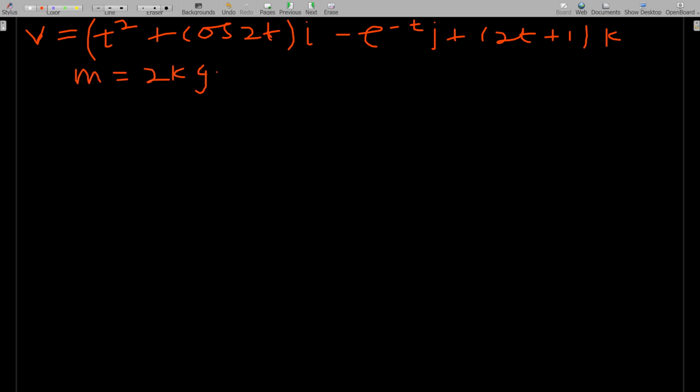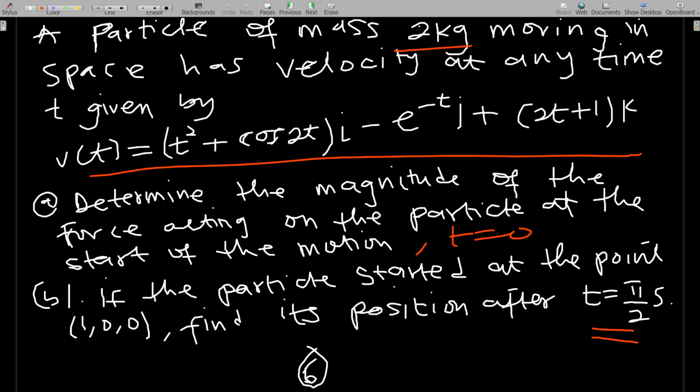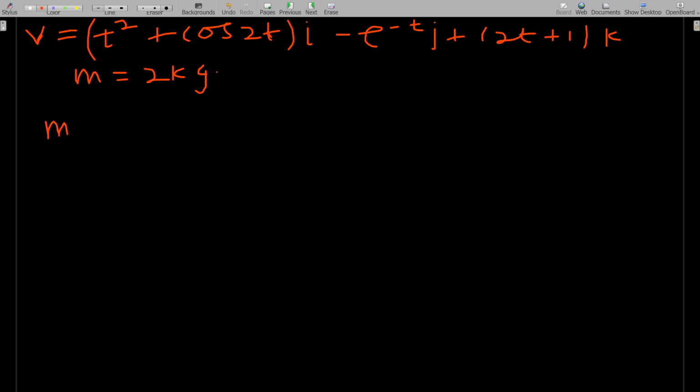In order to find my force, it is simply ma. You should find ma first before you find the magnitude of the force. I hope you get the point.